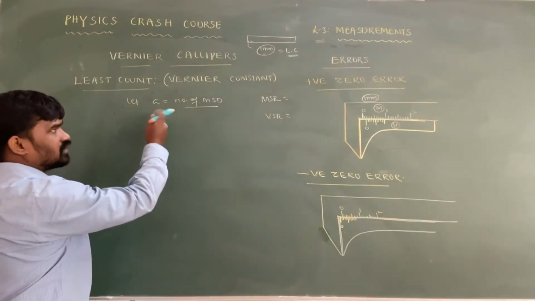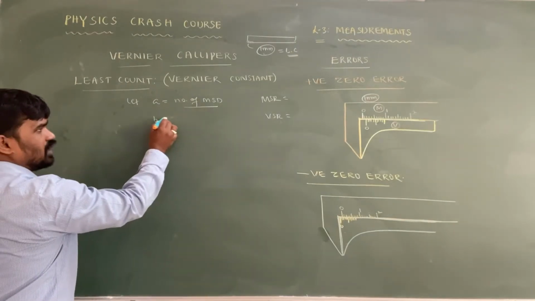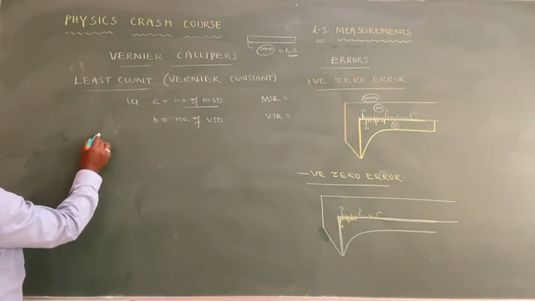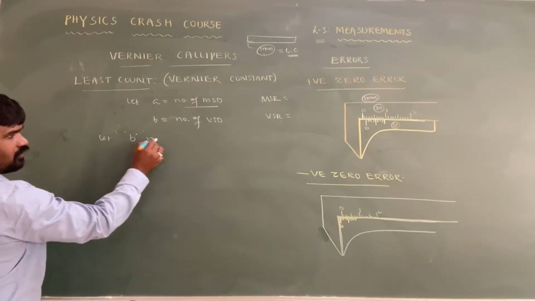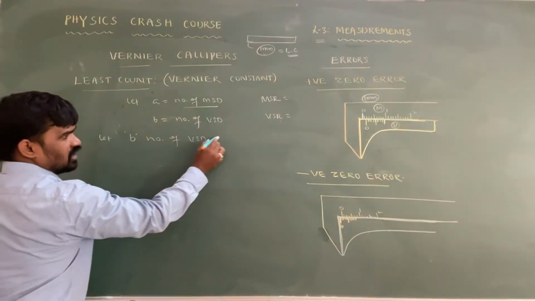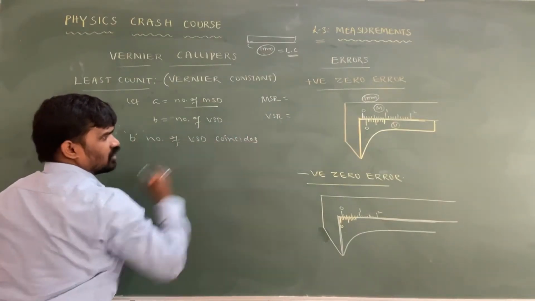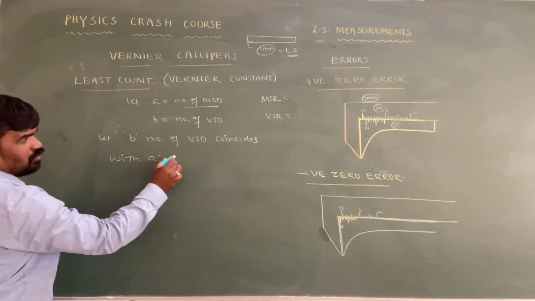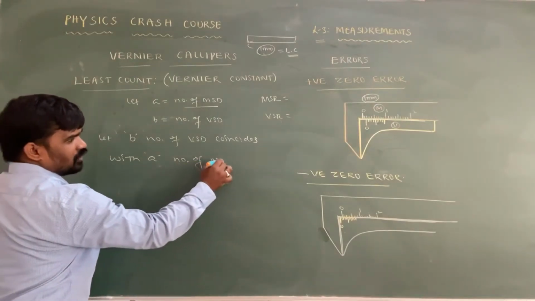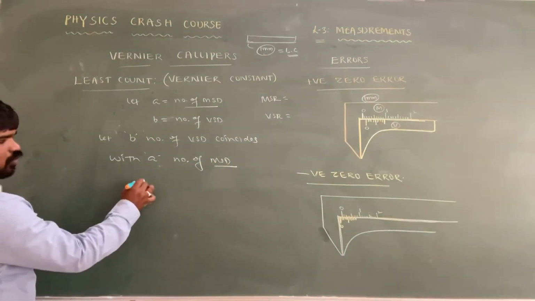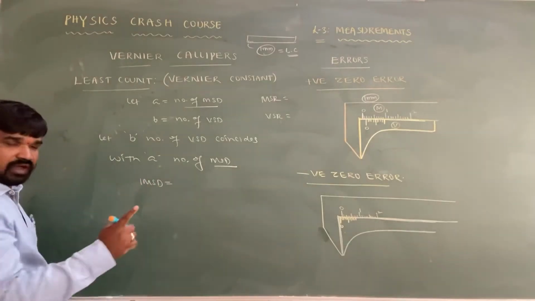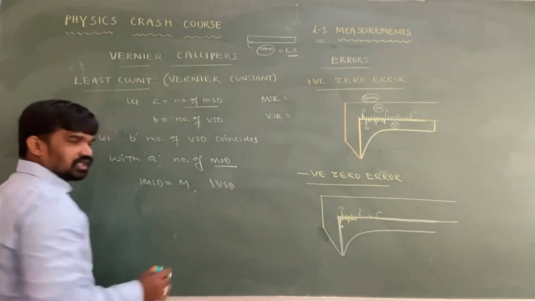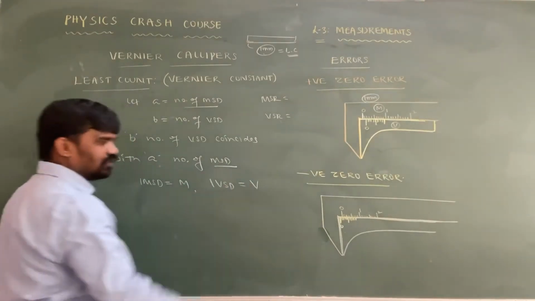Let B number of vernier scale divisions coincide with A number of main scale divisions. Here 1 MSD, the value of one main scale division, is equal to M, whereas 1 VSD, the value of each vernier scale division, is equal to V.